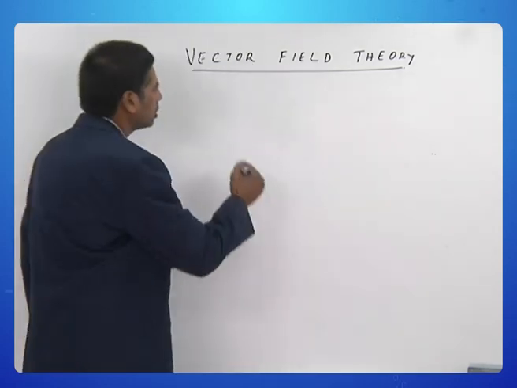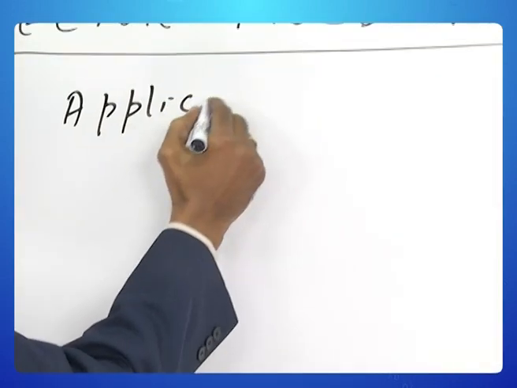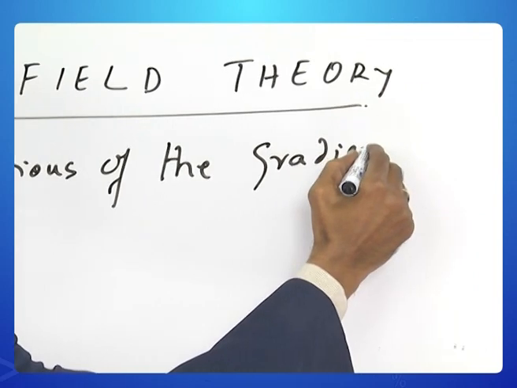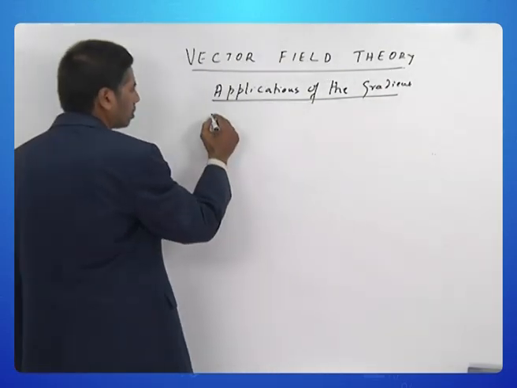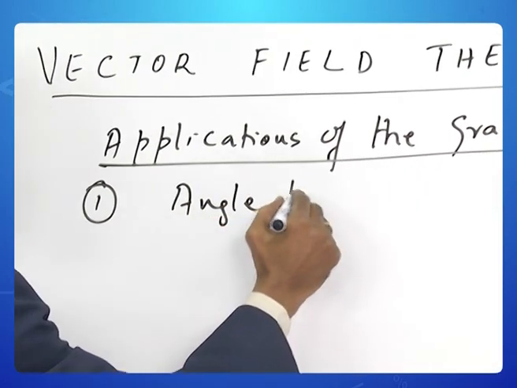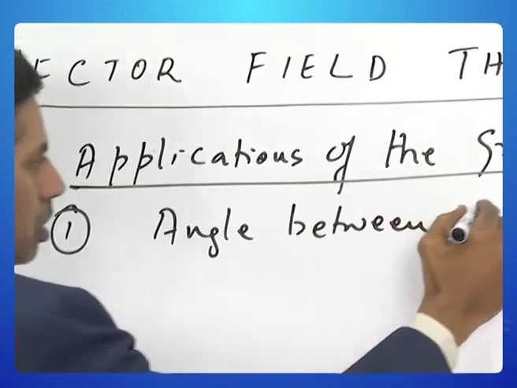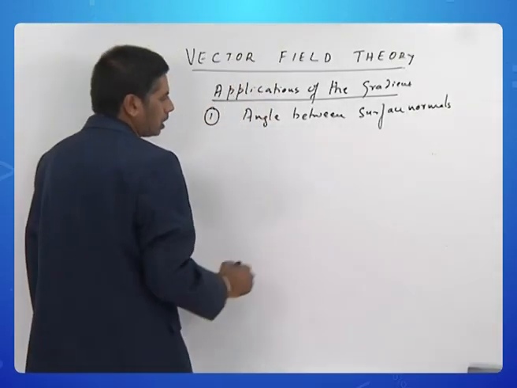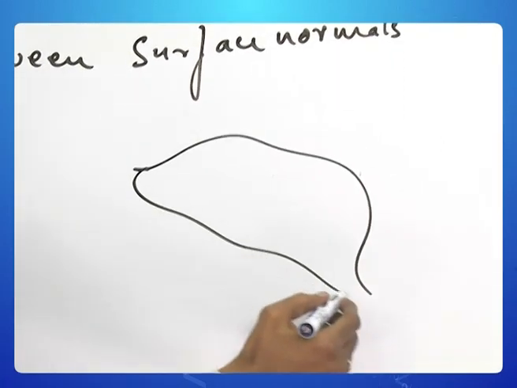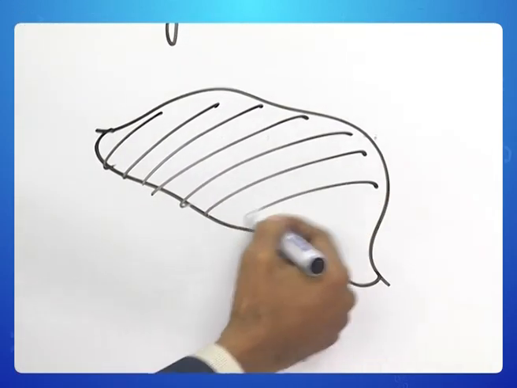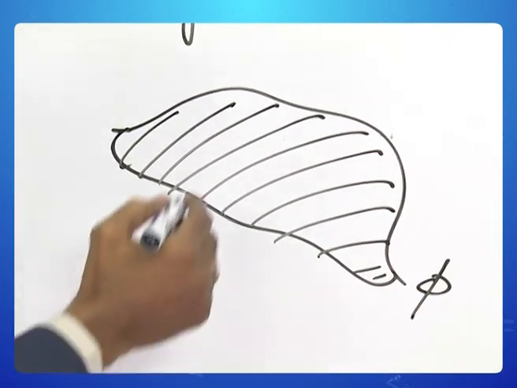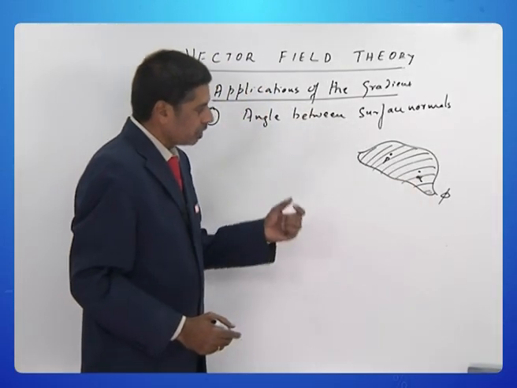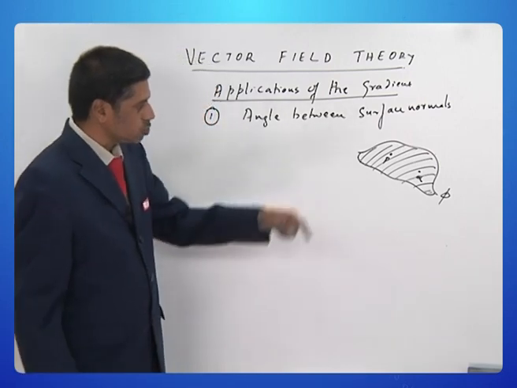One is angle between surface normals, in which we have, say, a surface phi, and we have 2 points P and Q on the surface, and we are interested to find out the angle between the surface normals at these 2 points.